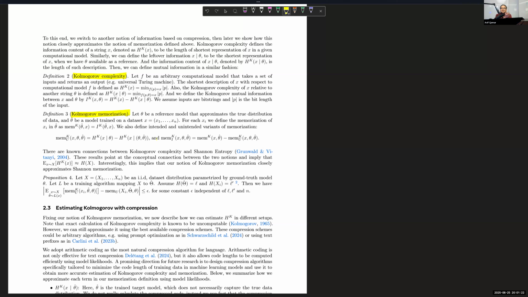So whatever smaller model you're studying, let theta hat be that model trained on the same data set x1 to xn. For each xi, that is for each instance of the data, we define, now notice that they're defining the memorization at the level of every instance of the data. How much of that data has been memorized?